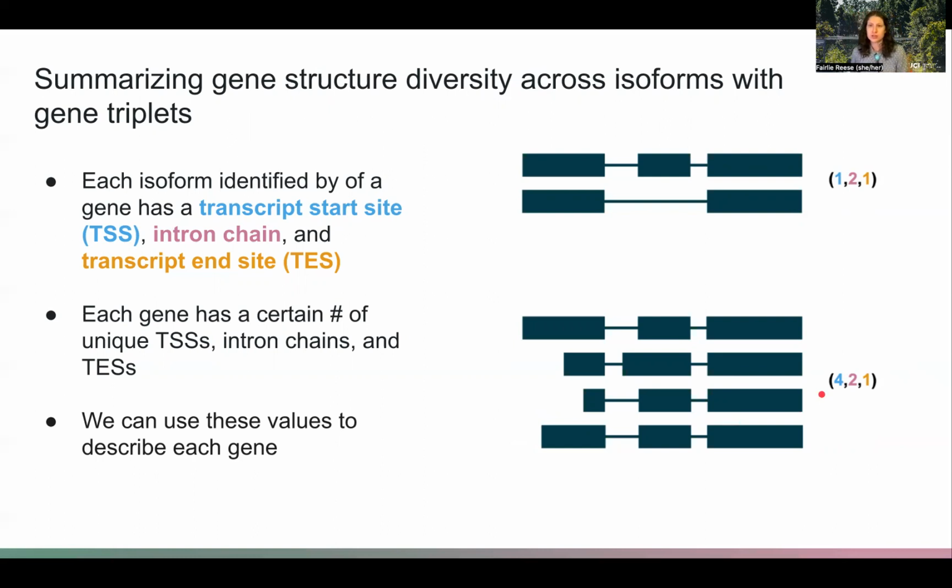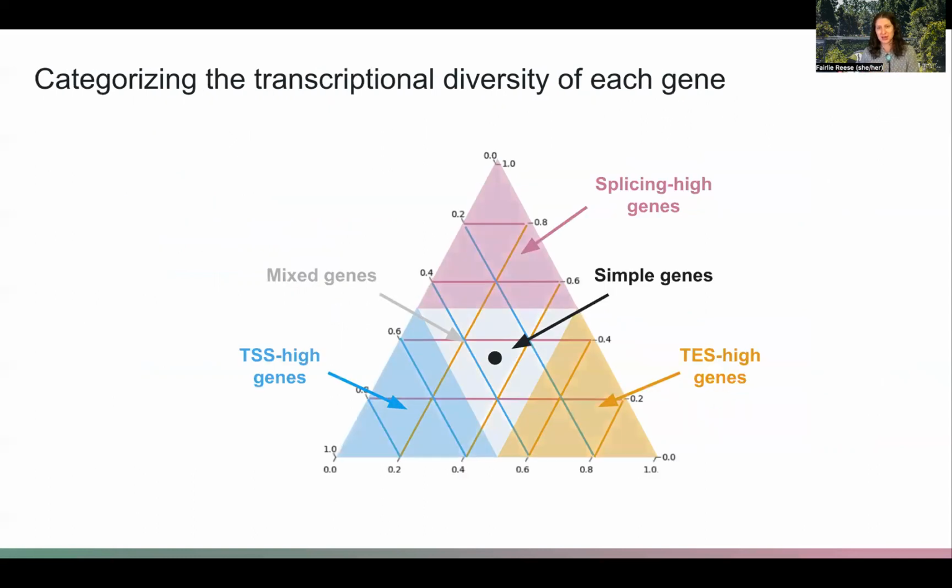And using this strategy, we can actually now go and display how these gene triplets differ from one another on what's called a simplex, which is this triangle here. And I'll just go over where these genes will lay on this plot. And you'll have to trust me on that for now.